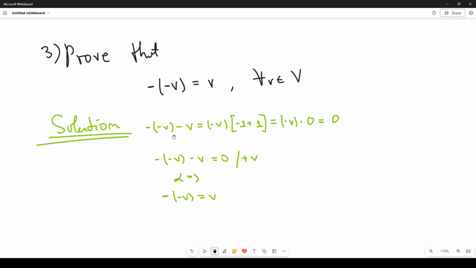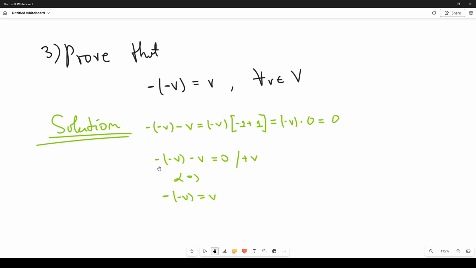So for our term here, minus v, we just pull out minus v using the distributive law, and we get that minus v, which multiplies minus 1 plus 1, is equal to, well, minus v times 0, since minus 1 plus 1 is just equal to 0. And any vector multiplied by the 0 scalar is just the 0 vector.